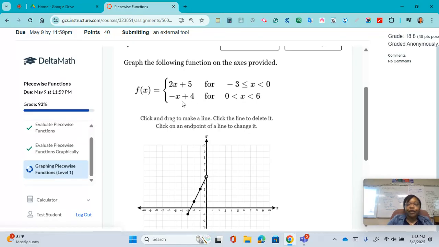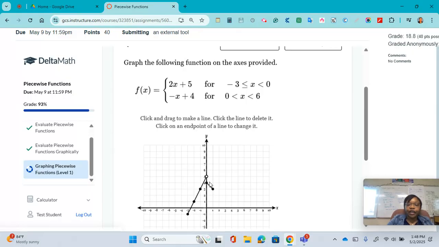And then we have another equation, only for values between 0 and 6. We're going to plug in our 0 to see where our graph would start. Negative 0 plus 4 is 4, so we plugged in a 0 and we got out a 4. That is where we will start: 0, 4. So at 0, 4, we have a -1 slope, so down 1 over 1.